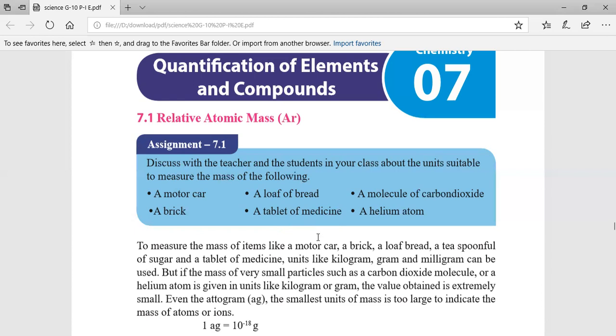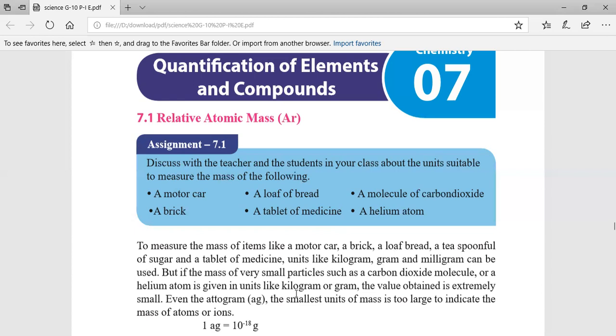In normal life, we buy something in different masses or different amounts. What are the units to measure the mass of the following things: a car, a loaf of bread, a molecule of carbon dioxide, a brick, a tablet of medicine, a helium atom?